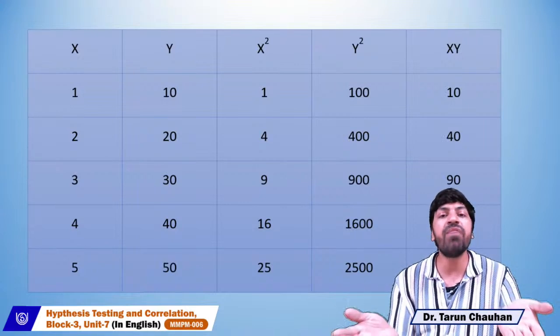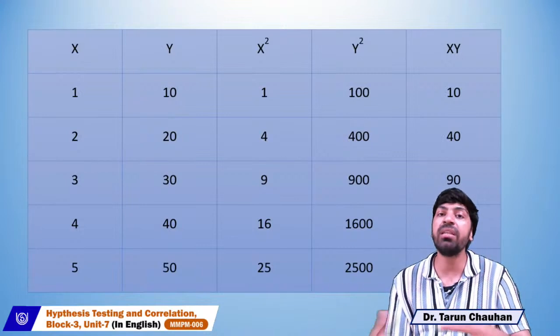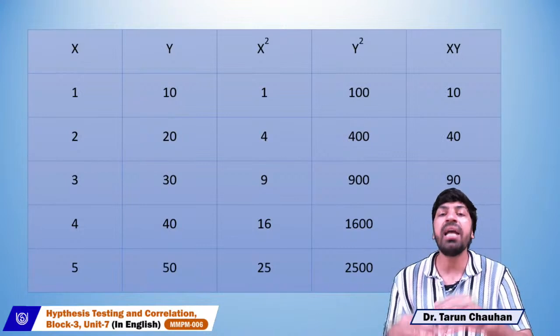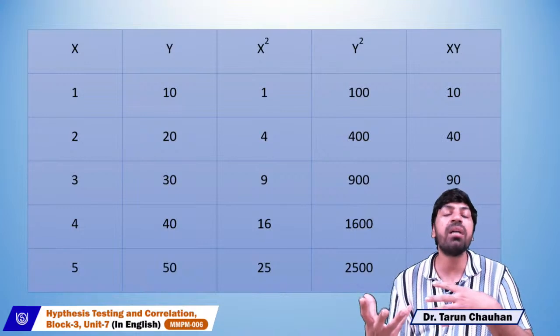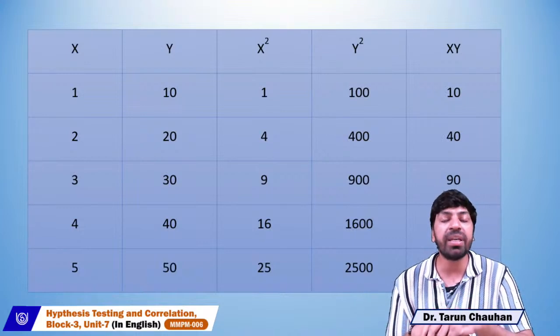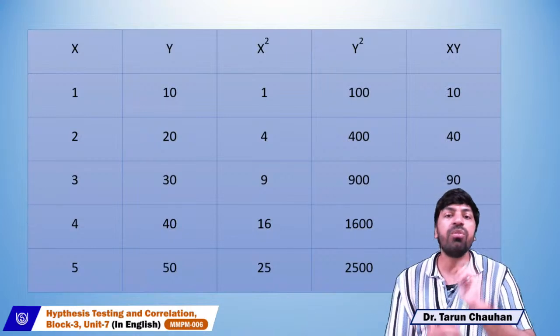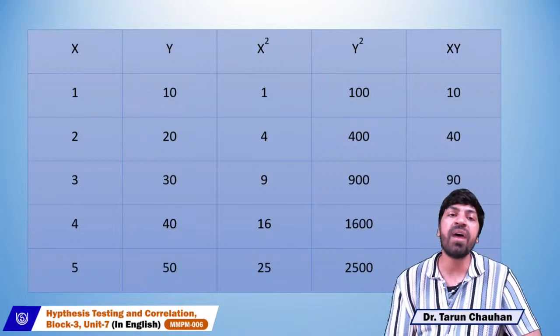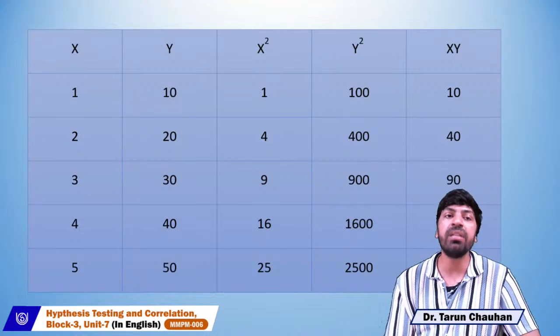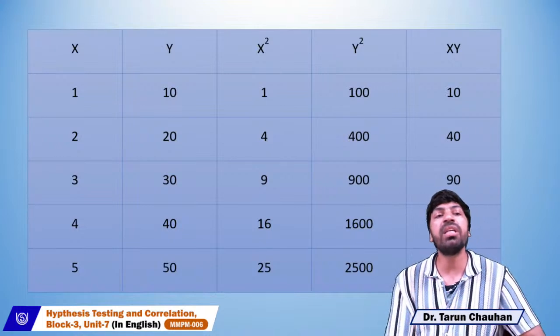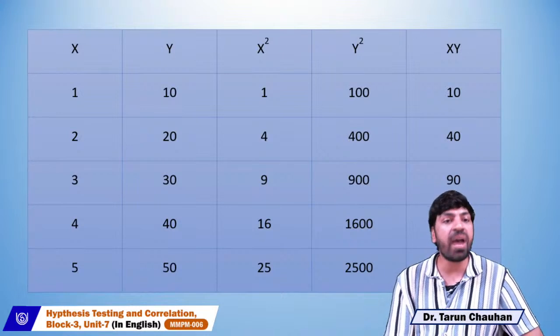There is an alternate formula which is very easy for calculating the coefficient of correlation, the alternate formula by covariance, that is sigma xy by n. So x, y, and xy are already given. The next step is to calculate x square and y square.